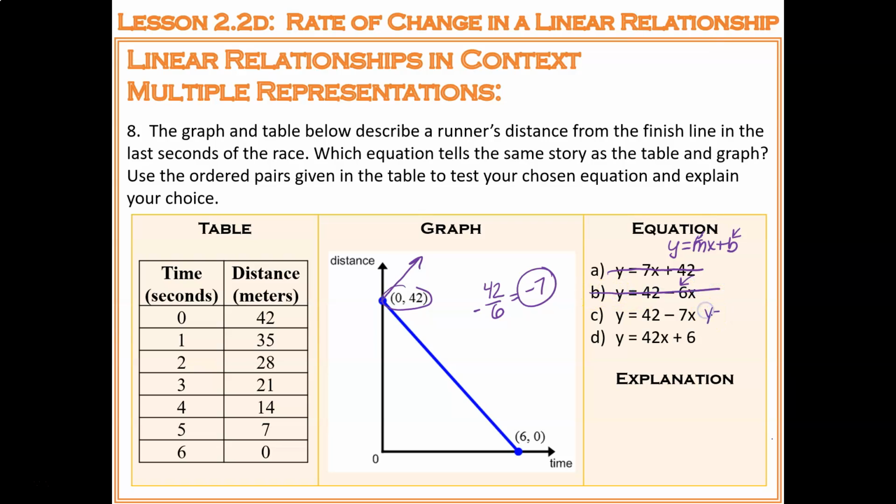So if you flip this around, there's our rate, and look, there's our starting point. So it's C. So the rate is negative 7, and the initial value, or the y-intercept, is 42.